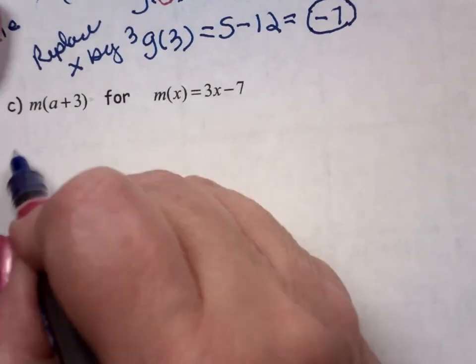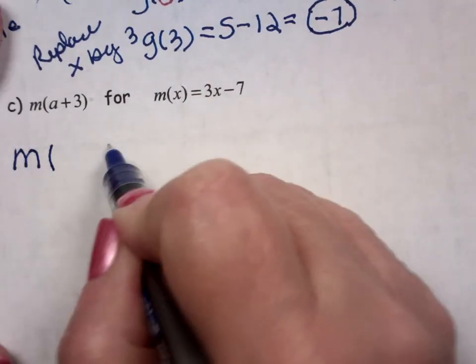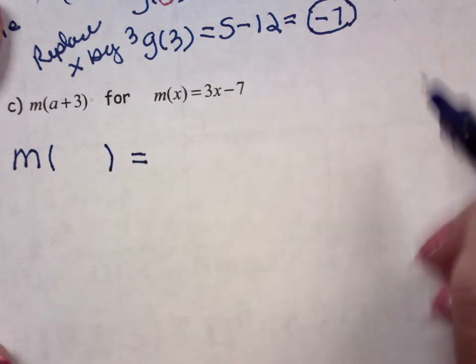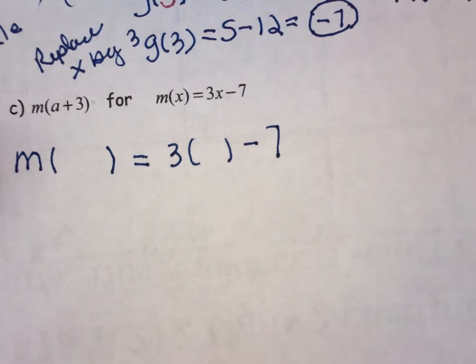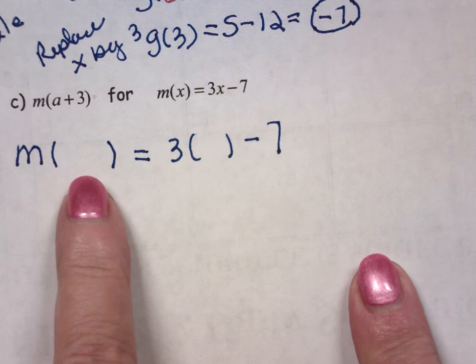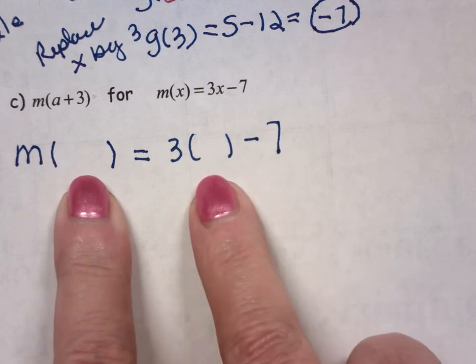M of a plus 3. Doesn't matter. That says on the left-hand side, I have m of x. On the right-hand side, I have 3x minus 7. You can put whatever you want in, as long as whatever I put in on the left pops in on the right.